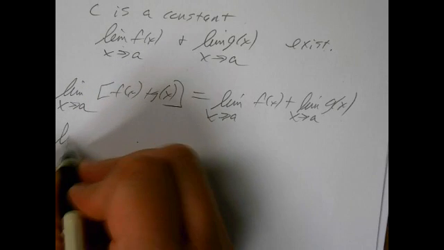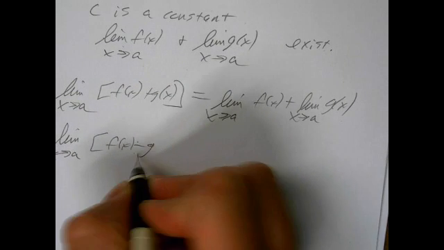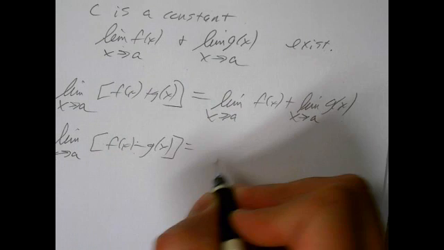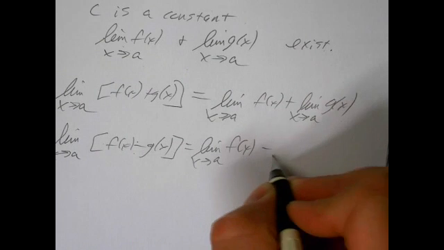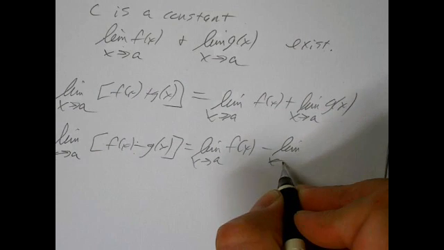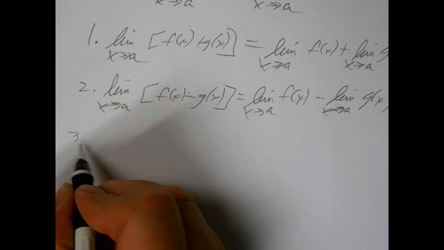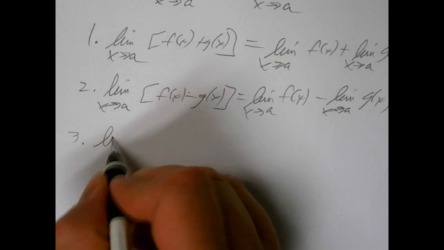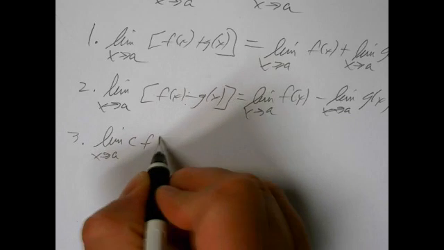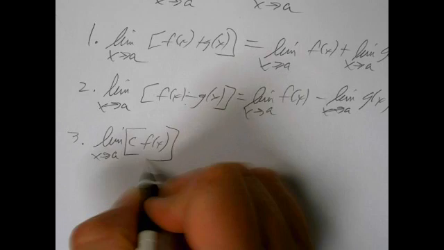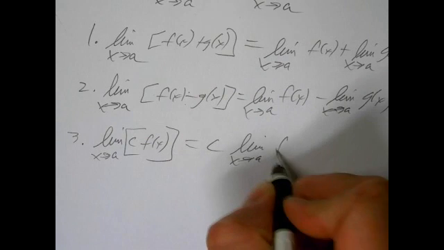Second, the limit as x approaches a of f of x minus g of x equals the limit as x approaches a of f of x minus the limit as x approaches a of g of x. Law number two. Number three, the limit as x approaches a of a constant times f of x is equal to that constant times the limit as x approaches a of f of x.